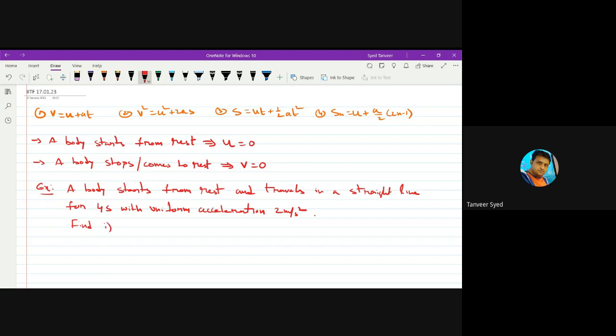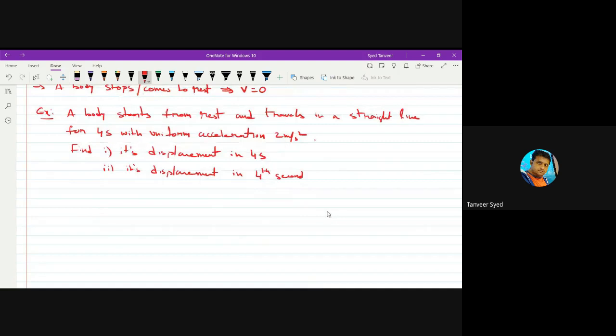Find number 1, its displacement in 4 seconds, its displacement in the 4th second, then final velocity. We want these 3 things.